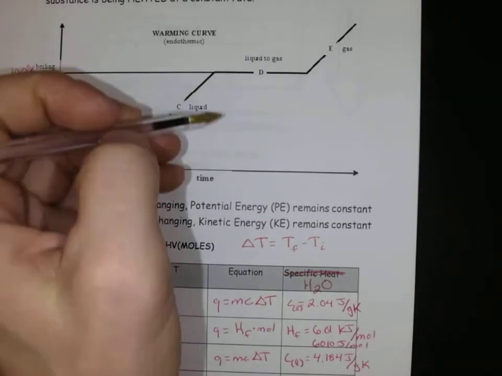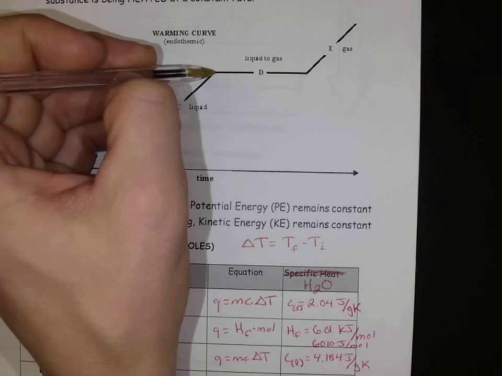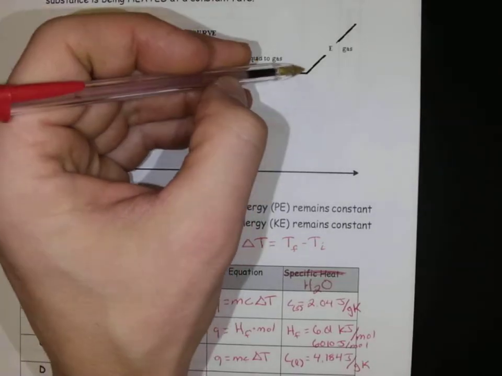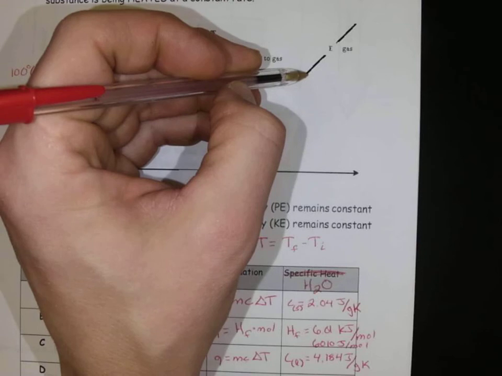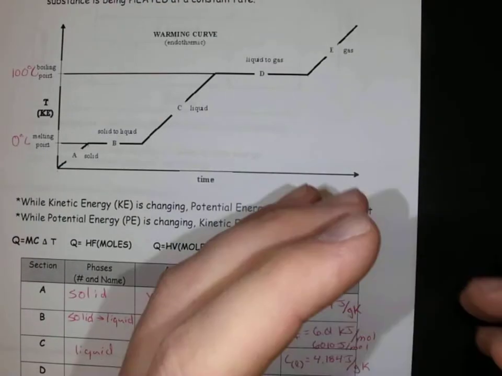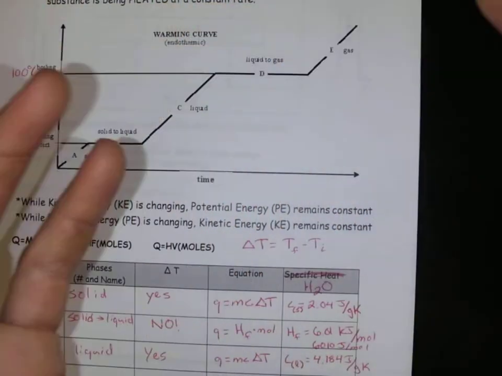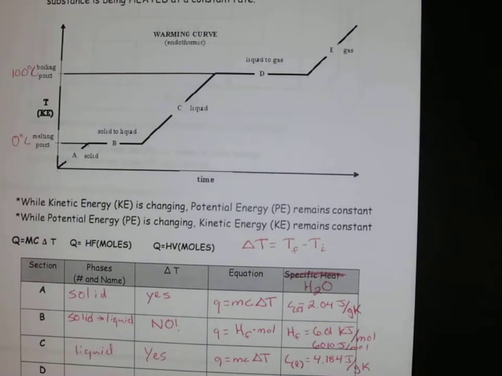All right, now we keep on adding energy. We're adding energy, and now we're at that boiling point. We're adding energy, and we're taking our liquid and changing it to a gas. So again, think about our liquid here. We need to separate those particles. So if we're going to separate those particles, they have to get enough energy to break free of those intermolecular forces that are trying to hold them together.